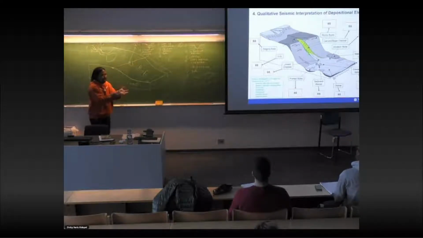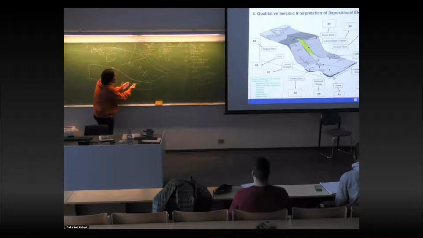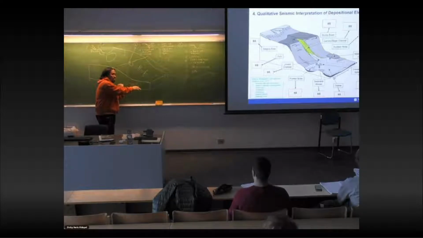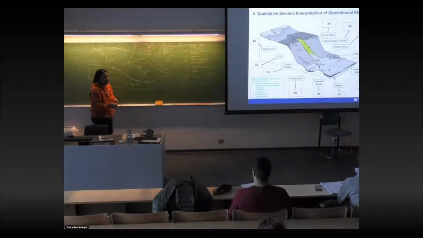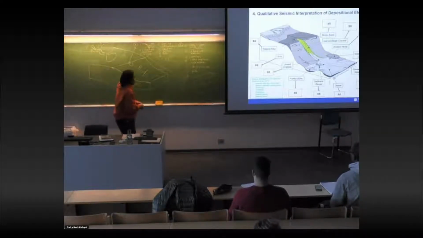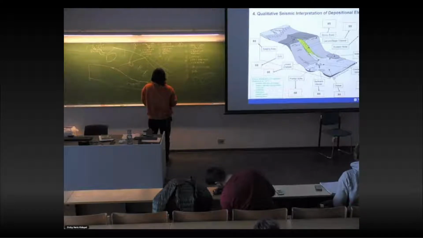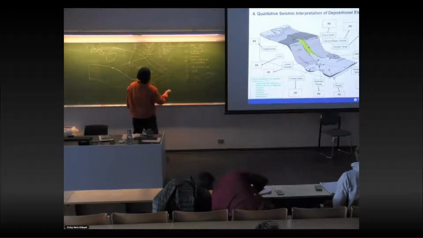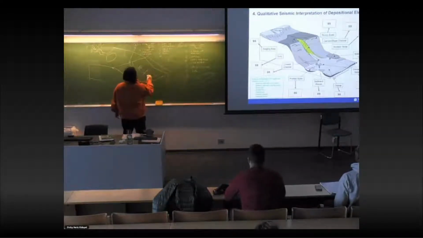So if you have sediment more than this volume, then it will overflow to the other side. That's what we call a levee channel. And in this levee channel, what we have, this is C.